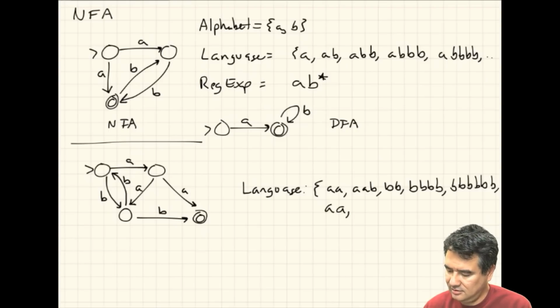A, and then B, B, B. I'm going to trace that out myself. So A, and then 3 B's. I could do A, and then 5 B's.